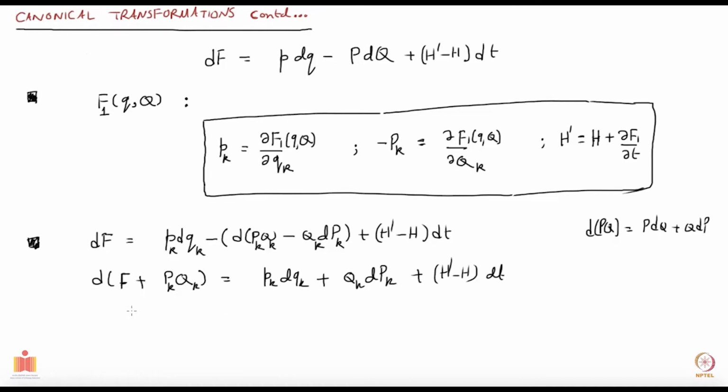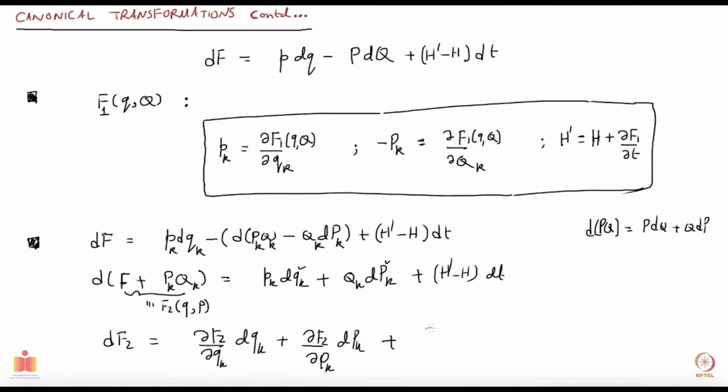With this, f2 will be a function of small q and capital P. So I get df2 equal to this quantity, and because it is a function of q and P, I can write it generically as del f2 over del qk dqk plus del f2 over del capital Pk dPk, plus, if there are any time derivatives, this term also.